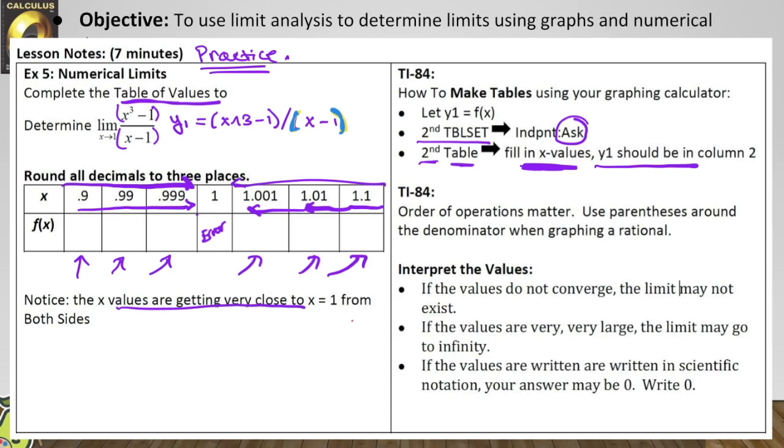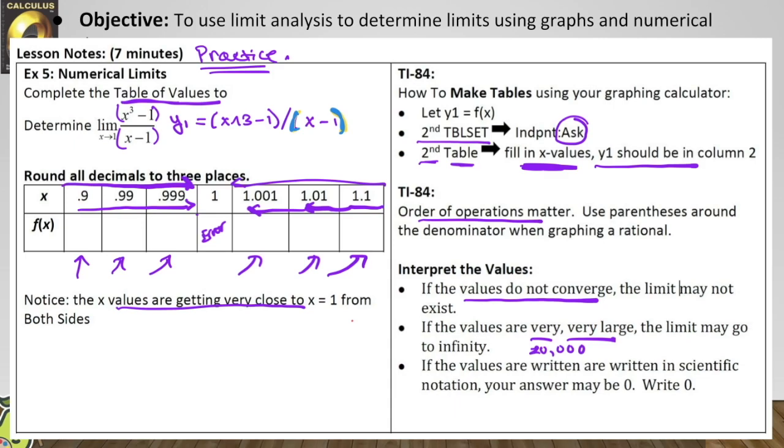Now let's interpret what your calculator is doing. First of all, order of operations always matter. The parentheses around your numerator and denominator always matter. When you interpret your values, if the values do not converge, the limit may not exist. If the values are very large, the limit may be going to infinity. So keep an eye on that, because maybe 20,000 doesn't seem like infinity to you, but it might be infinity if you get a little bit closer.